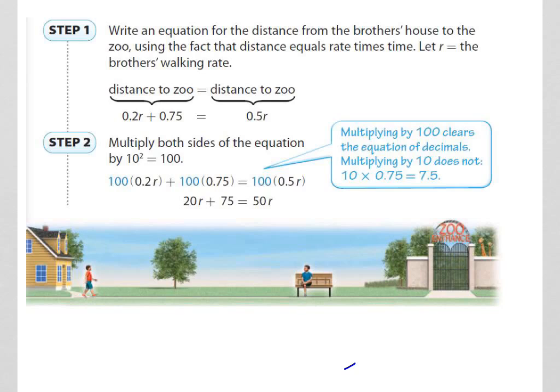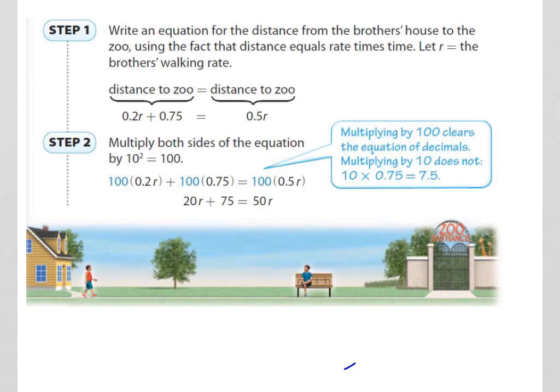So let R equal the brothers' walking rate. So here we go. It says distance to the zoo would be 0.2R plus 0.75 equals distance, which is from where they met and walked, 0.5.